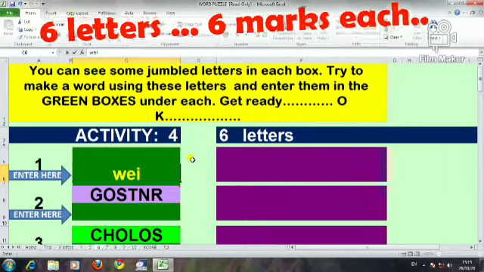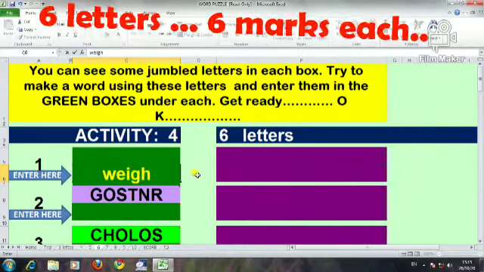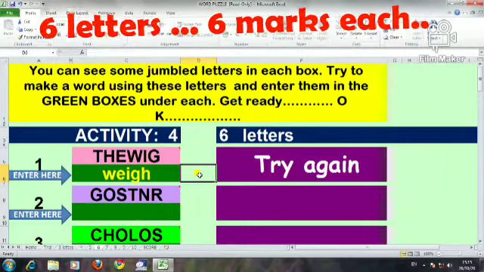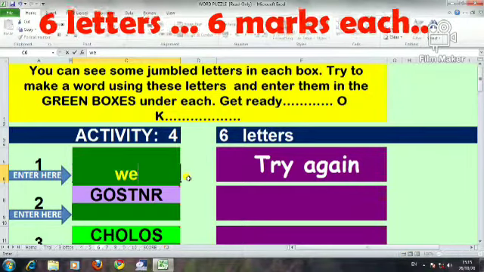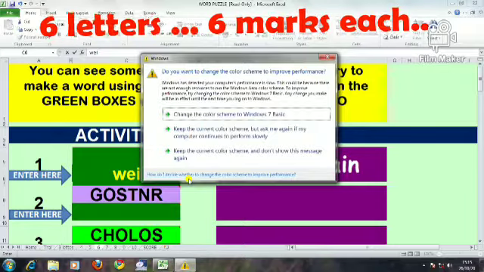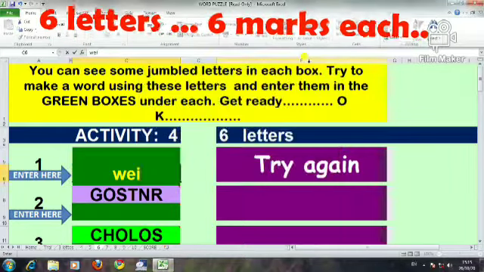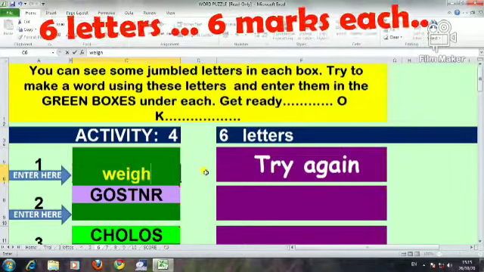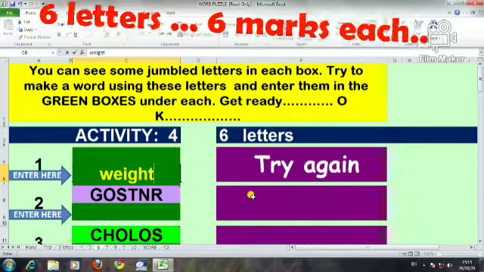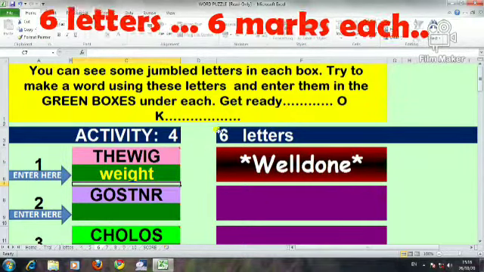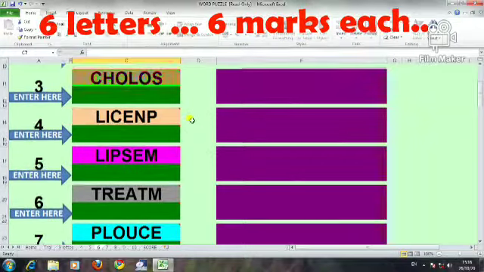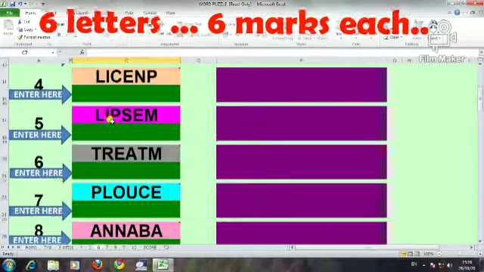We enter weight in the green column. The well done is given. Now 6 letters constitute 6 marks also.